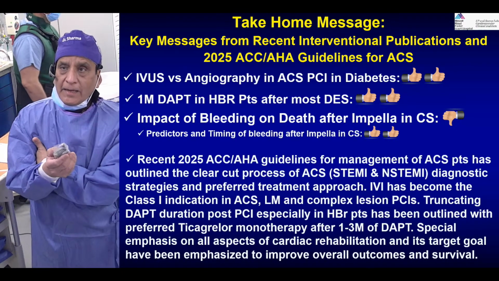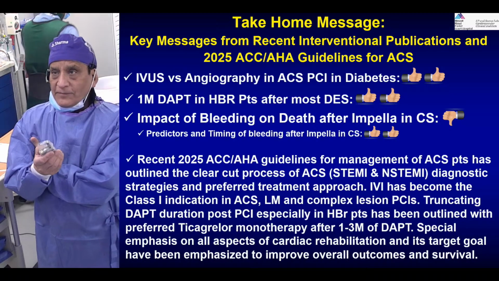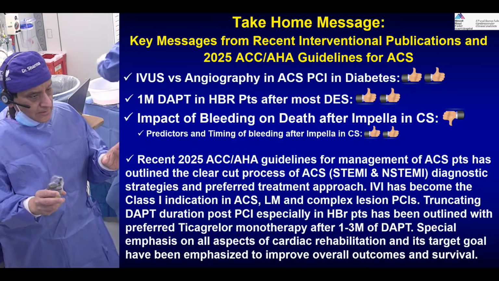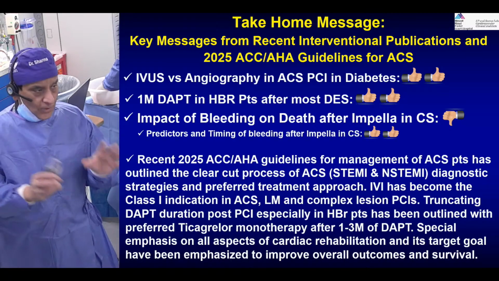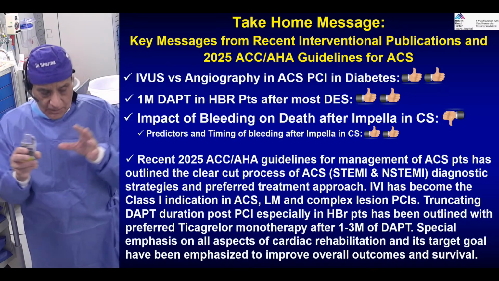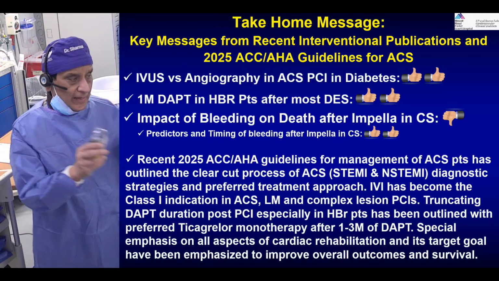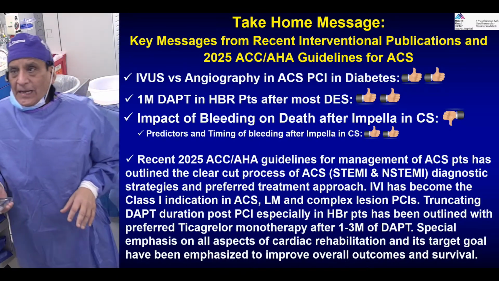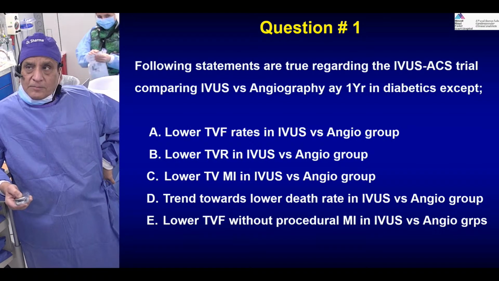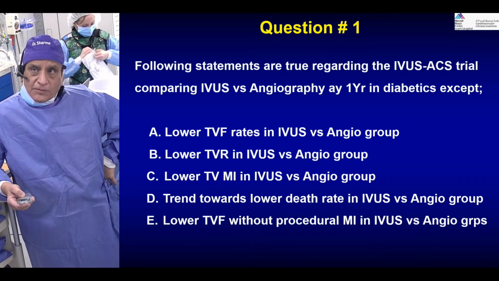And more importantly, in the 2025 ACC/AHA guideline, a lot of emphasis on timelines, system referral, process improvement, and now, with decreasing DAPT duration and incorporating imaging as a class 1 indication, improving overall outcome and survival of these patients. So now we go to our 3 questions.